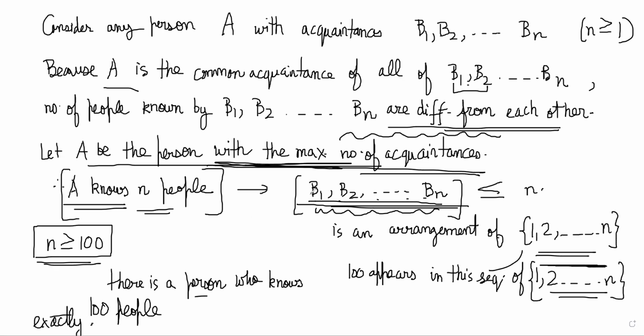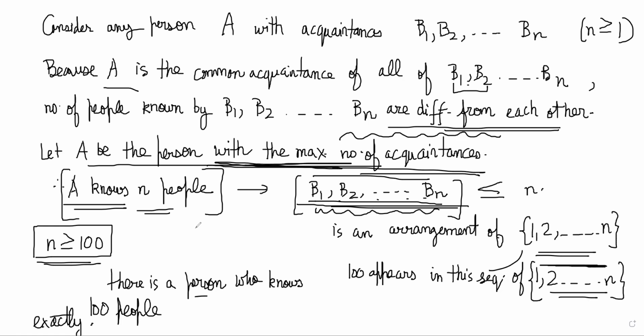Because we saw earlier that B1 to Bn is a set of n different numbers which is equal to a permutation of 1 to n. And 1 to n we have now realized, because A is the person with maximum number of acquaintances, goes from 1 to something above 100. So 100 is going to be present in that sequence. And if 100 is present in the sequence, there must be a person who knows exactly 100 people. It could be B53 or B48 or whatever, but there is a person who has 100 acquaintances, right?